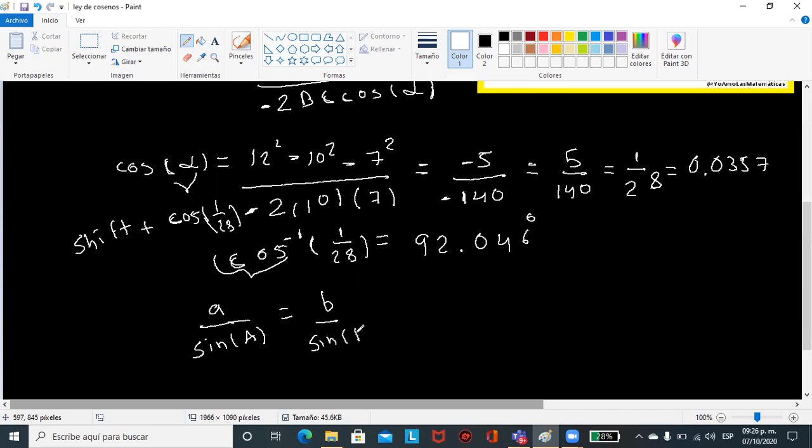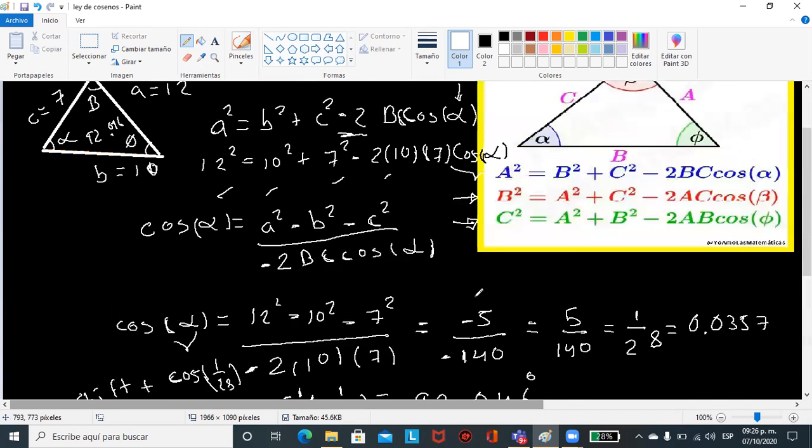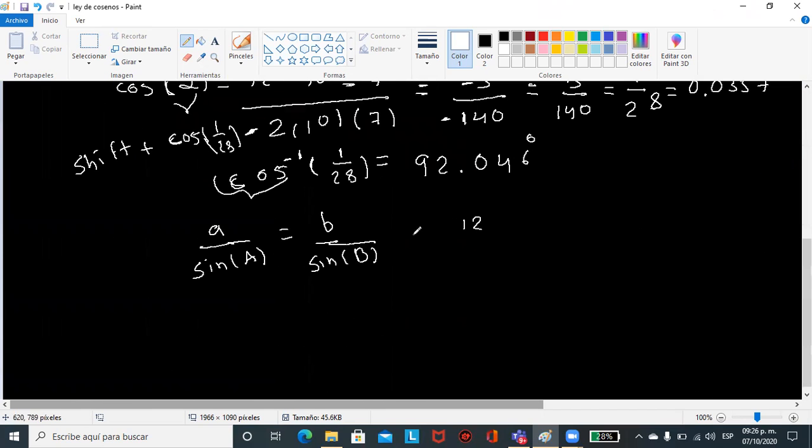sin of B. Okay, so now we have A is equal to 12. Remember, let's go to the data here. Over the sin of alpha, the angle of A, is this one here above, that is 92.047.